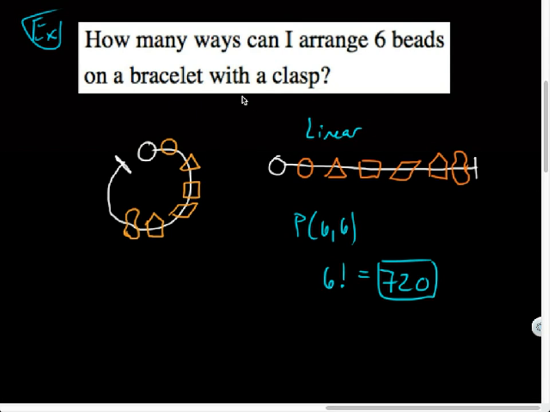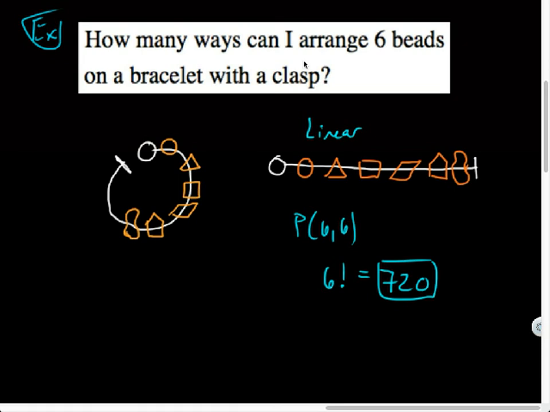So because of the existence of a clasp or something that can distinguish my circular arrangement from other possibilities, it's actually a linear setup, even though it happens to look like a circle at the time. Other problems that will come up this way will be like, how many ways can people sit at a round table if there's a microphone in front of one of the chairs?